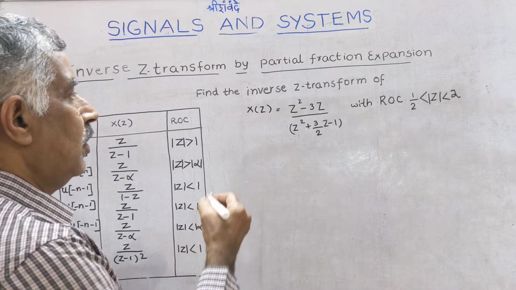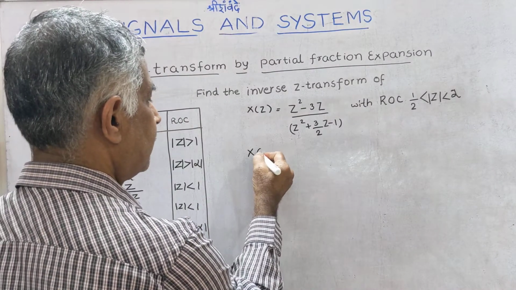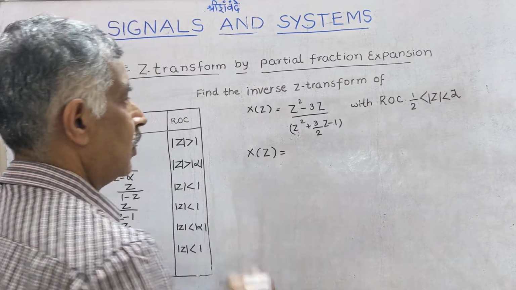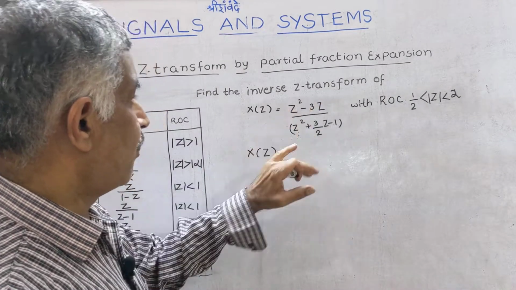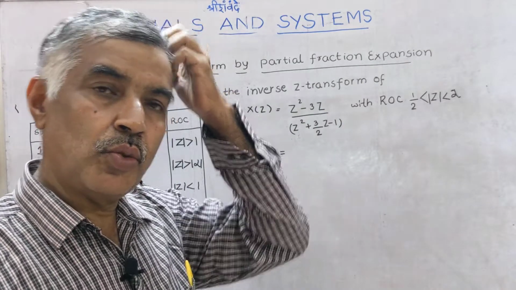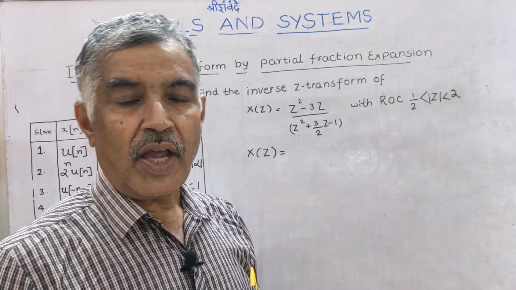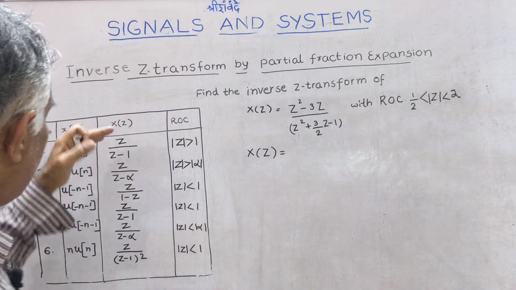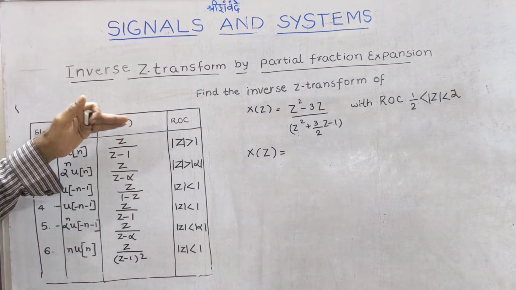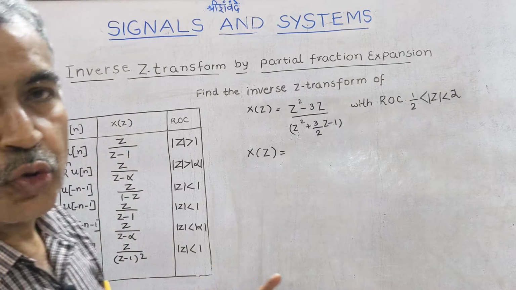Now you take X of Z. In this problem the degree of the numerator is 2 and the degree of the denominator is also 2, but I used to take X of Z by Z because in almost all the forms we have Z in the numerator.